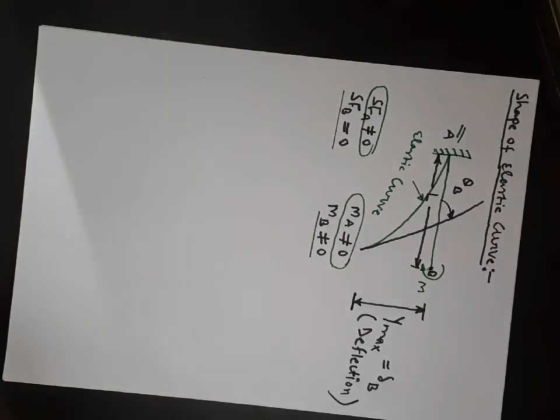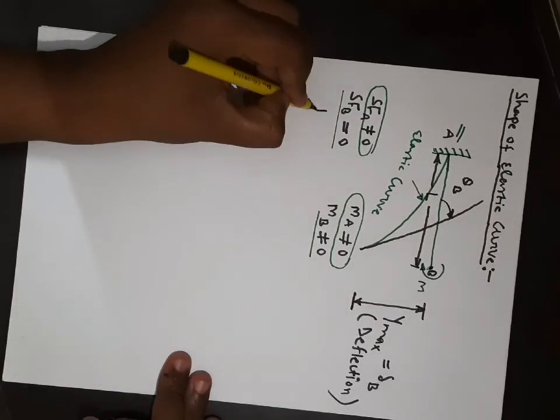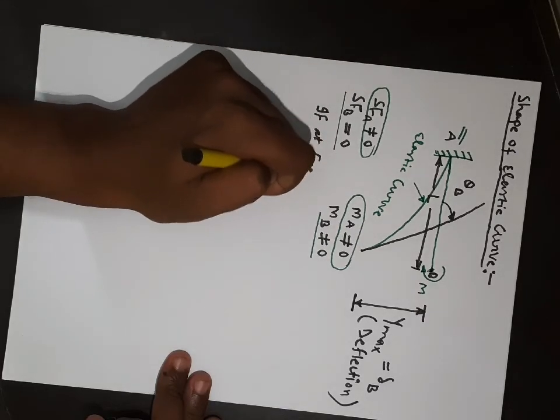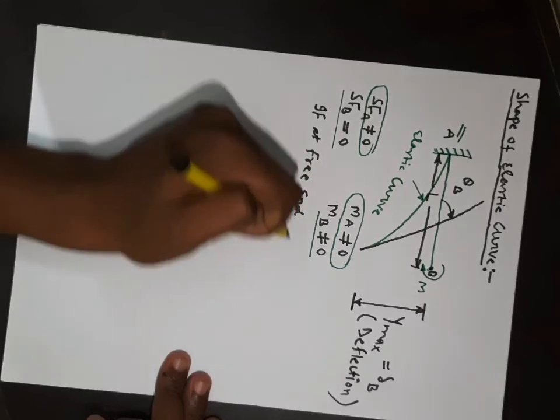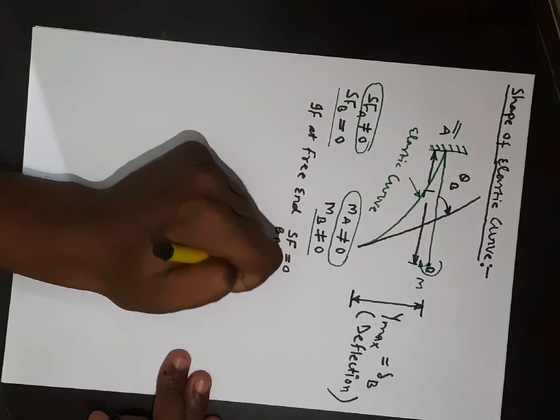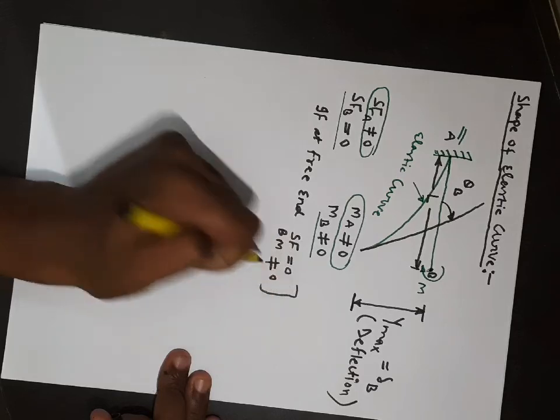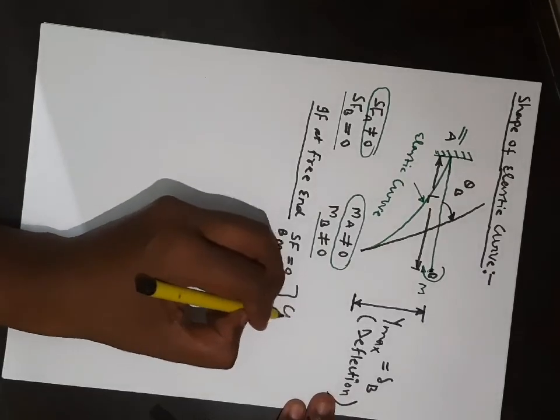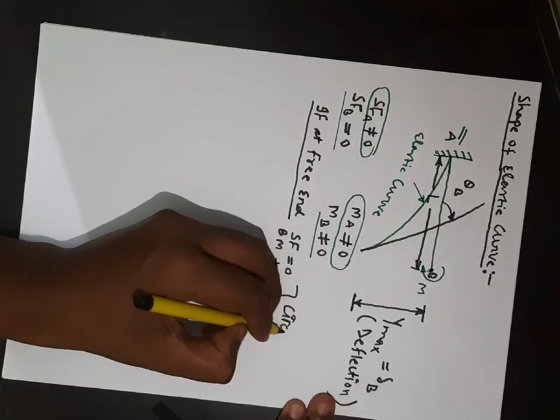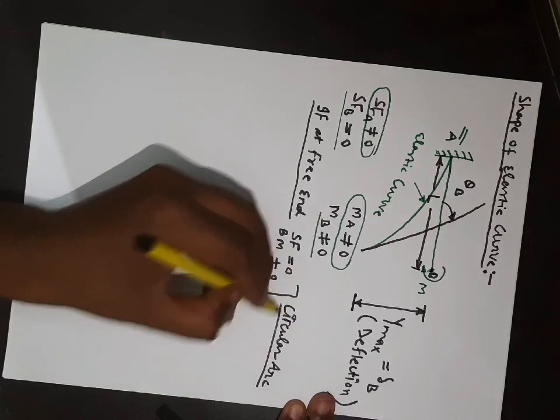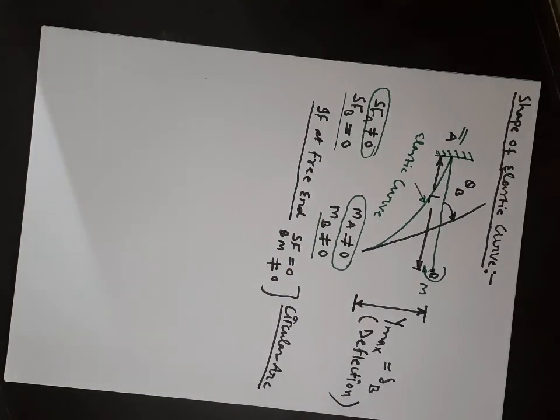So we conclude: if at the free end the shear force is 0 and the bending moment is not equal to 0, the shape of elastic curve is a circular arc. The shape of elastic curve is what? Circular arc. This is an example.